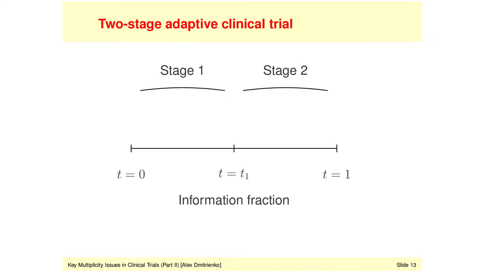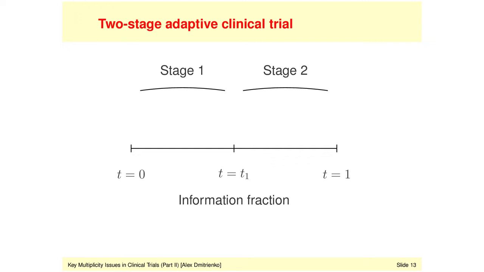Here is a simple diagram that is conceptually quite similar to diagrams that we used a lot in Module E. Here we see the time axis, or the information axis, that begins at 0, t equals 0. That indicates the beginning of the study. T equals 1, or the information fraction of 1, of course, indicates the end of the study.